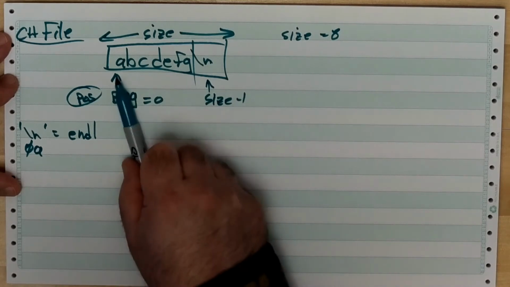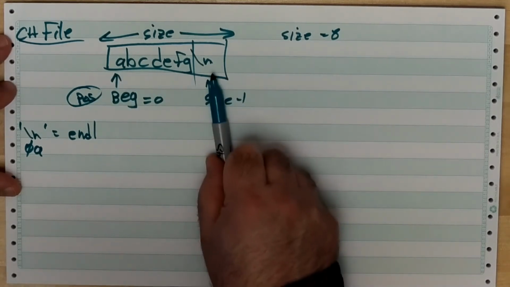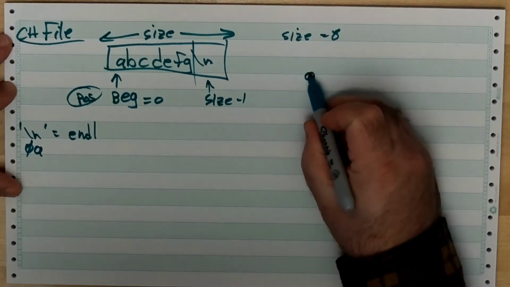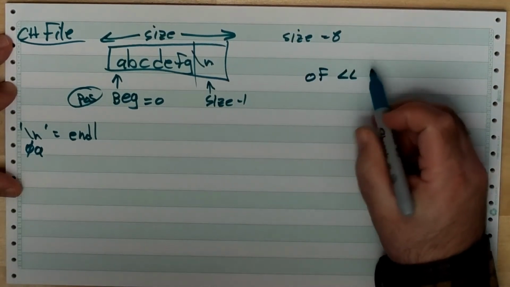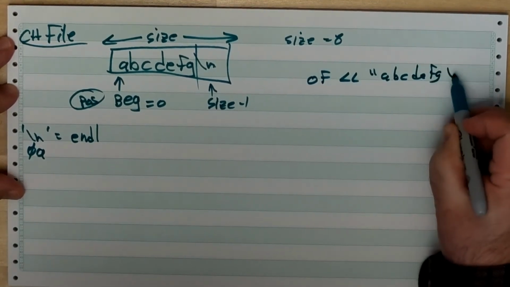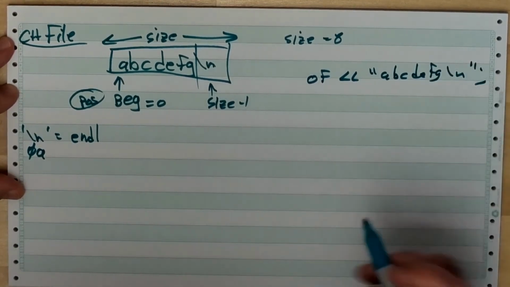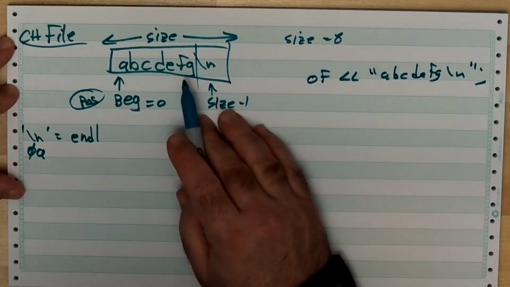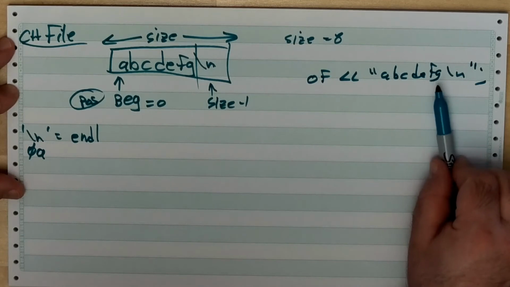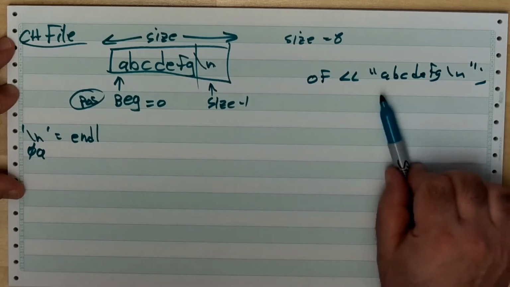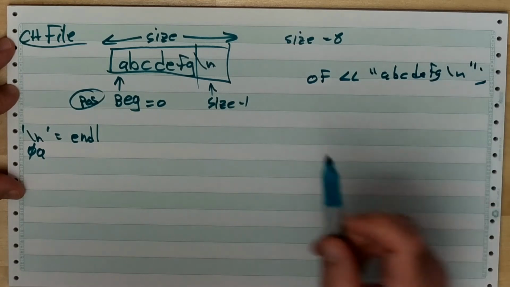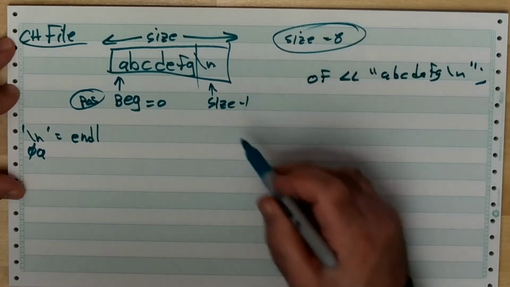So if I have the contents of a file, I've written this line into it, if I say something like output file, double left, and I put A, B, C, D, E, F, G, \n, then that's what will be in the file right now, and the size would be accordingly, right? A, B, C, D, E, F, G, 1, 2, 3, 4, 5, 6, 7, 8, right? Of course, I already calculated it.